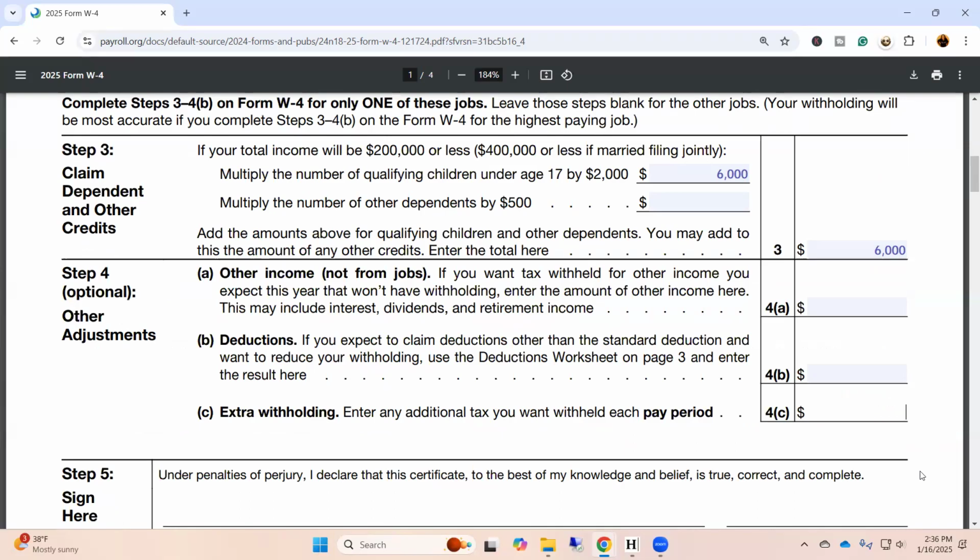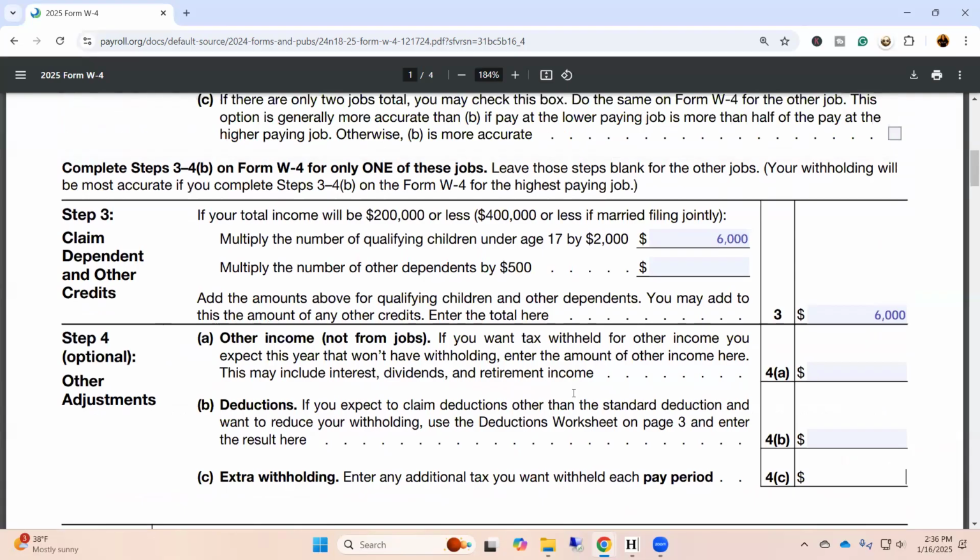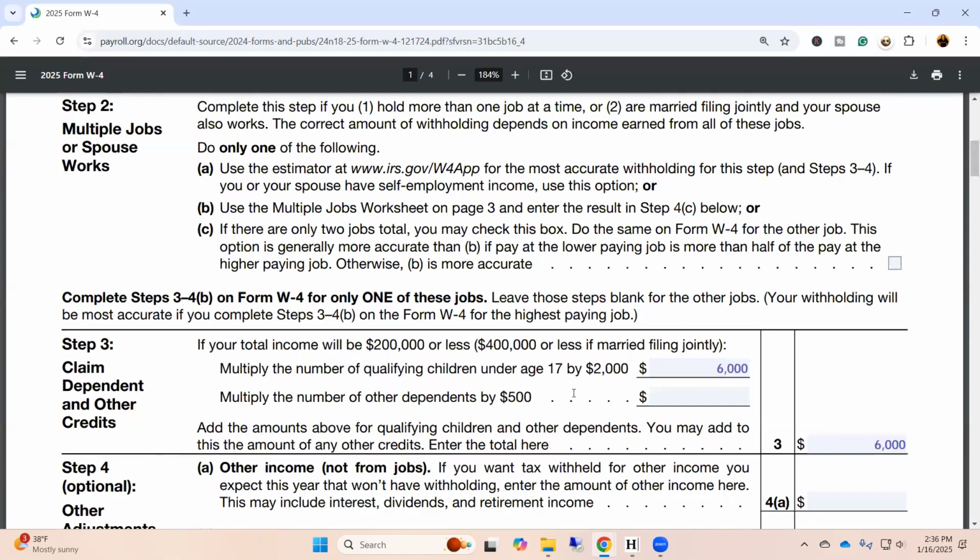Let's say that there aren't multiple jobs, but one of your children is not under the age of 17. Maybe they're going to turn 17 in the 2025 tax year. Using this example with Daniel, what we would do is reduce this by $2,000, right?